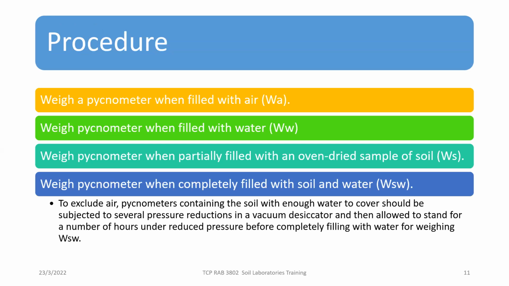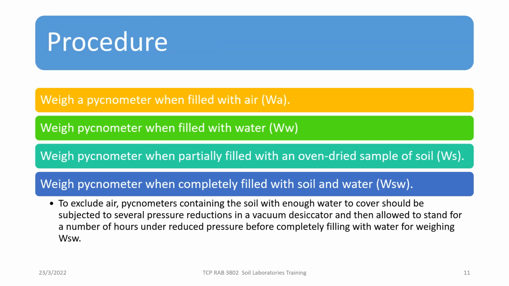So for the procedure, you weigh a pycnometer when filled with air. You just weigh the air dried, oven dried pycnometer, without addition of anything, and this is WA. Then weigh the pycnometer when filled with water, and this is WW.